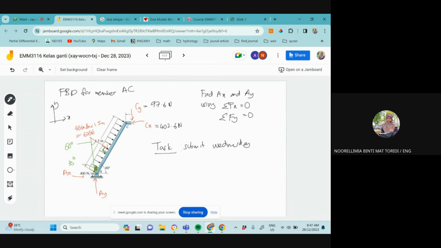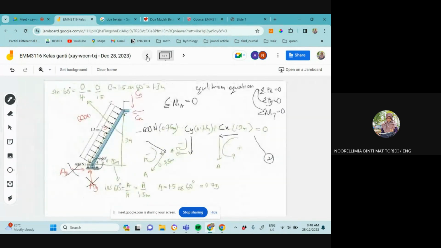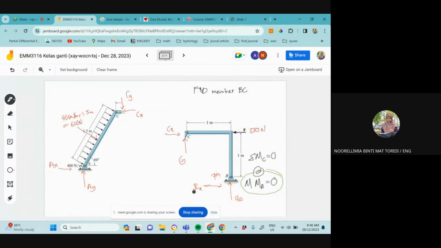Nanti saya bagi juga assignments, so combine this task and the assignments. For the assignment, submit on Wednesday. Find the Ax, Ay. Lagi apa? We have Bx and By.